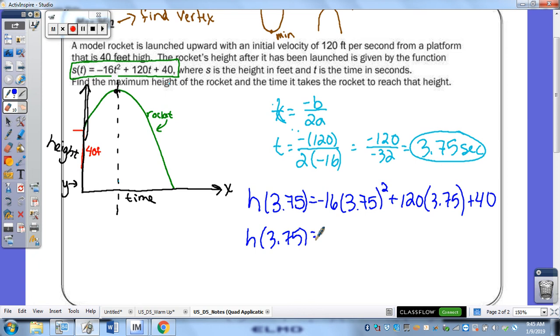What do we get? 265. 265 feet. That is your maximum height. So x equals negative b over 2a tells you when. Plugging that number in tells you how high.